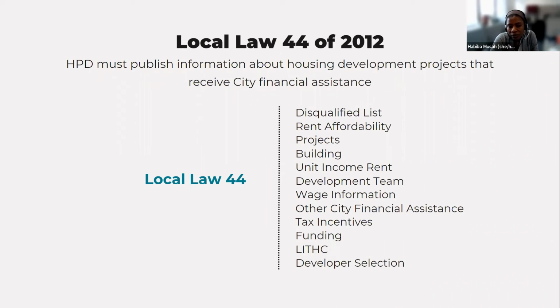The Local Law 44 Open Data is a collection of roughly 10 data sets that includes other information, including information on city financial assistance, organizational structures, unit rent, and affordability and wage information. The data set, along with the Affordable Housing Open Data, is yet another example of the very rich data about affordable housing that we have available in open data.